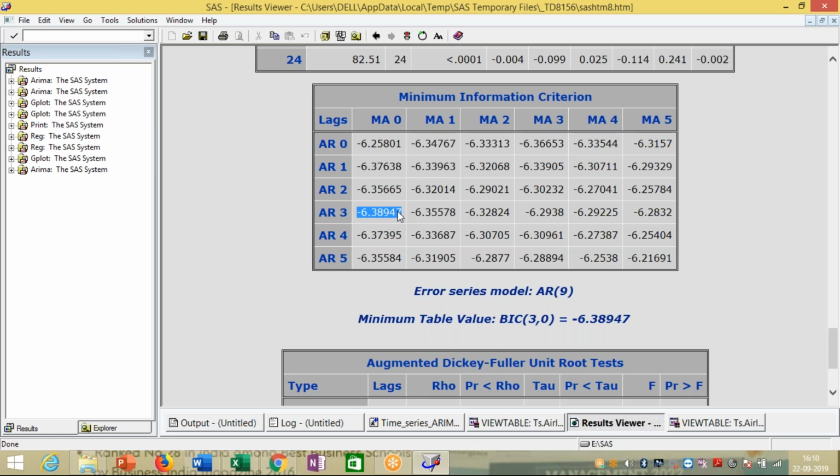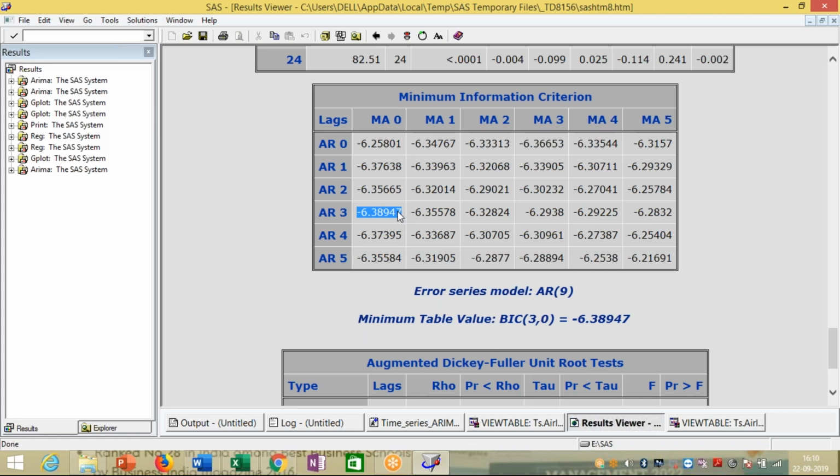So looking into these values, by looking into this Bayesian information criteria, Schwarz Bayesian criteria, I would look forward to developing an AR3 model. But again, this option of choosing the AR3 model is dependent on the autocorrelation function of this series.